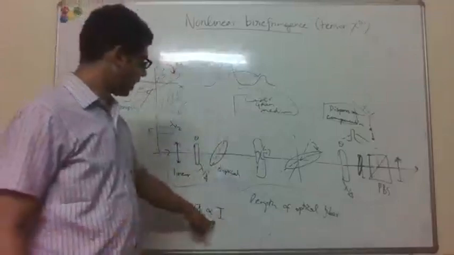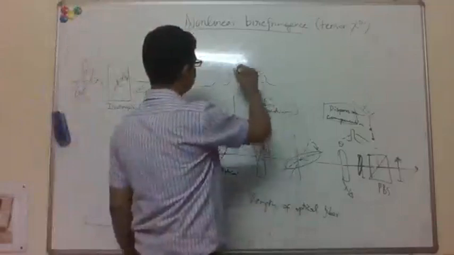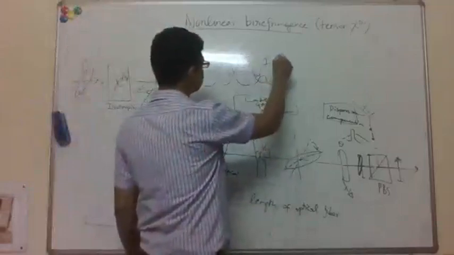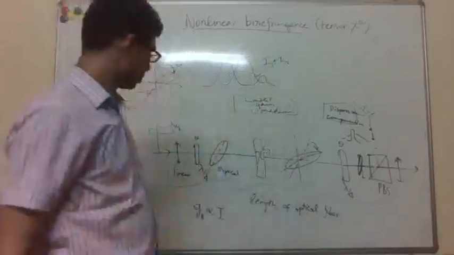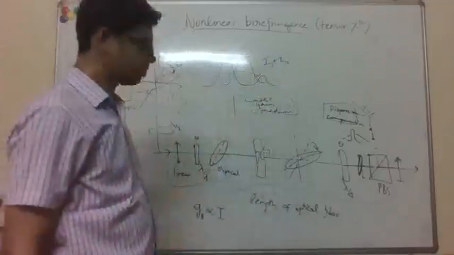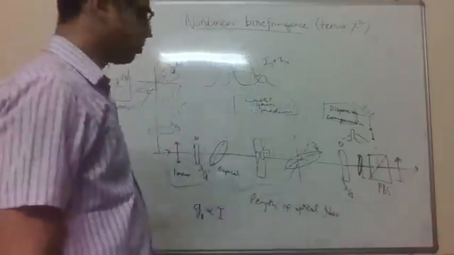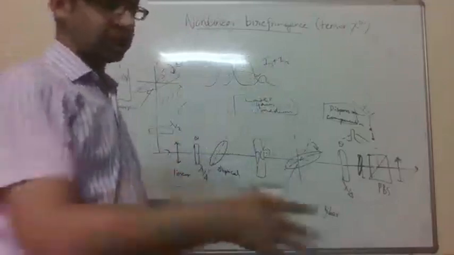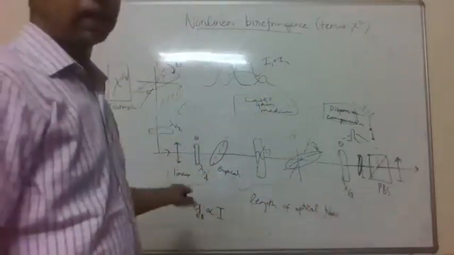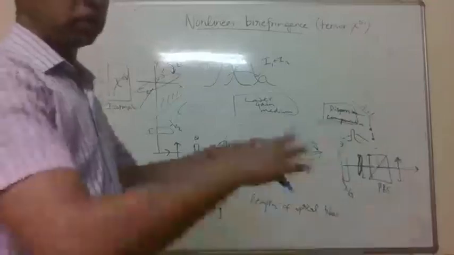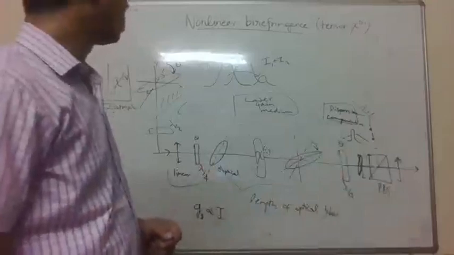So if you have two pulses, it will just depend on the sum of the intensities, not the product. I don't know exactly what you're thinking of, but if you're thinking of this pulse acting as the pump to generate some Brillouin scattered light, and then you want to do this splitting and recombining, I don't think it will work.